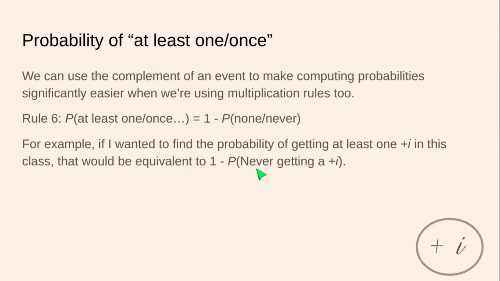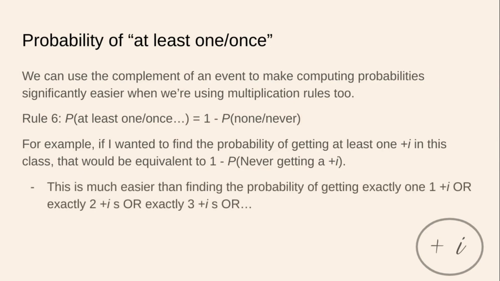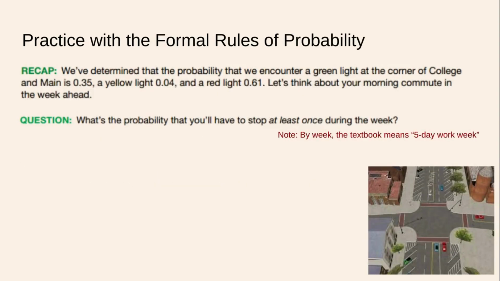This is much easier than finding the probability of getting exactly 1 plus I, or exactly 2 plus I's, or exactly 3 plus I's, and so on. For each one of those ors, we need to use addition rules of probability. So this sum could get really, really big, and I don't want to deal with that.